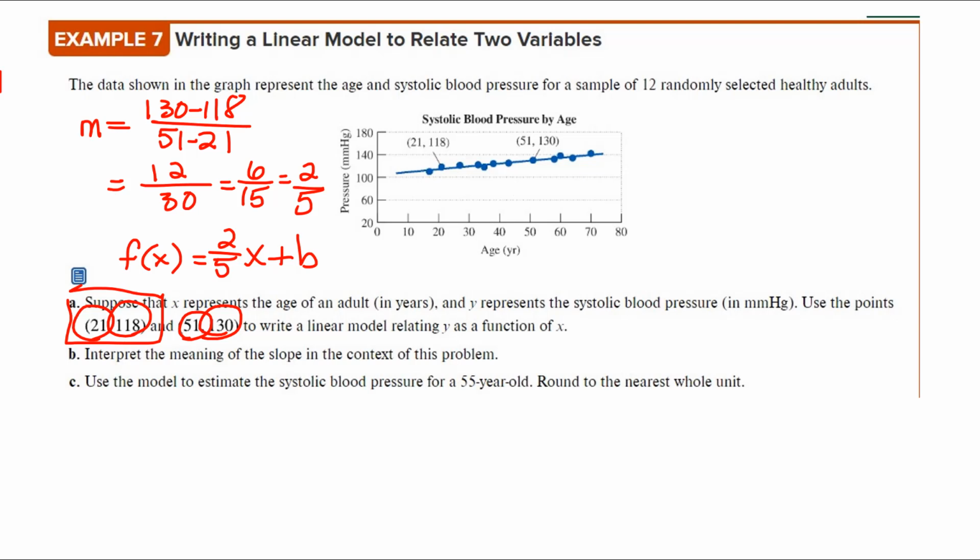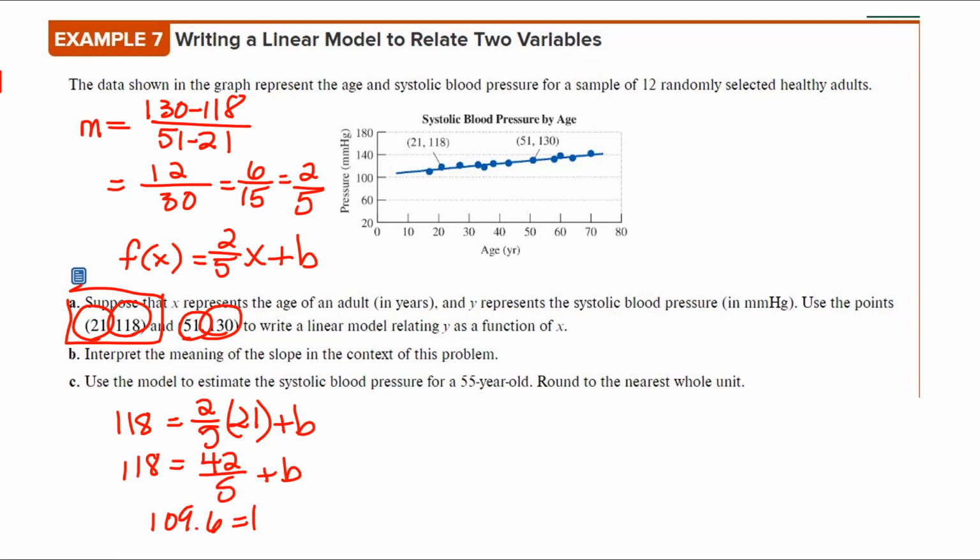So f of x is 118, my y value, and then my slope is 2/5, and x is 21. And then I'm trying to find out what b is. 109.6 is my b. And so the function, part A, is f of x equals 2/5 x plus 109.6. So that's the function that represents what's in this graph.